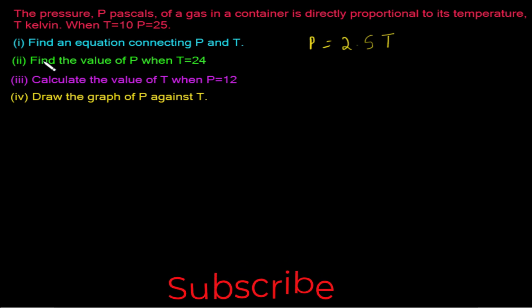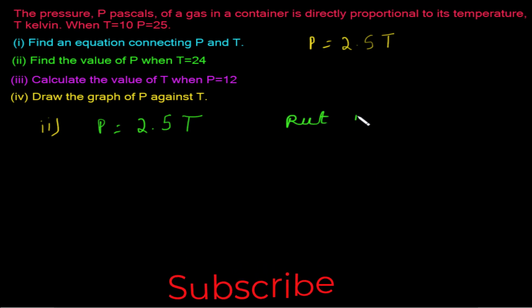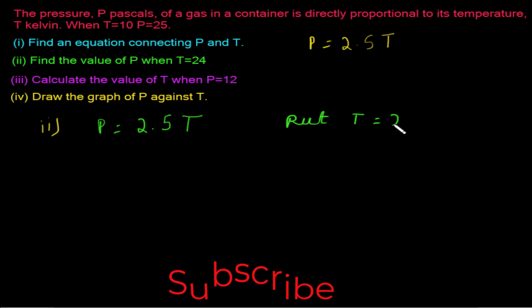Now I need to find out the value of P when T is equal to 24. To find it, all I need is to substitute T is equal to 24. As we know, P is equal to 2.5 times T. Now substitute T is equal to 24 into this equation.